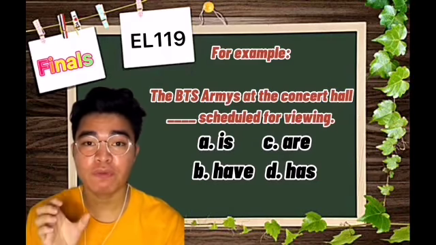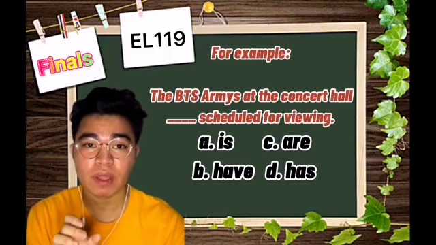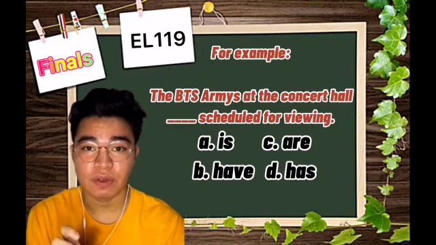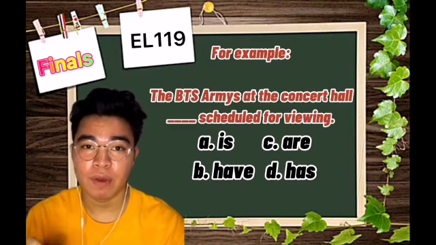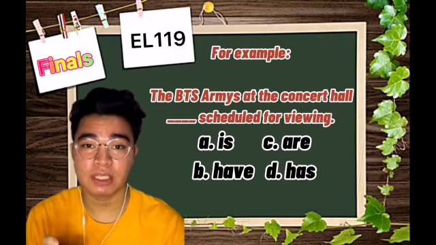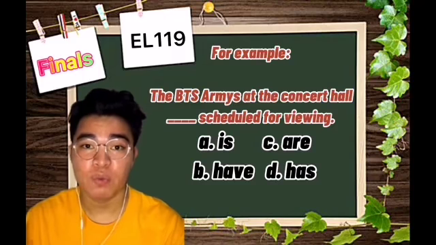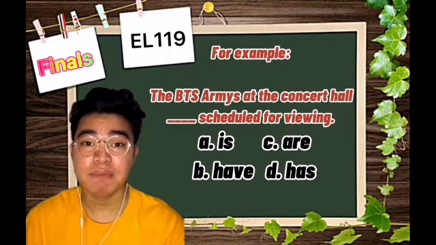People get confused by this sentence because they think that the nearest noun will be the basis of whether the verb will be singular or plural. But again, at the concert hall is the prepositional phrase, so we can remove that. We have to focus on the main subject of the sentence, which is the BTS armies.